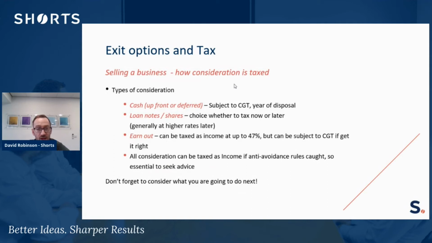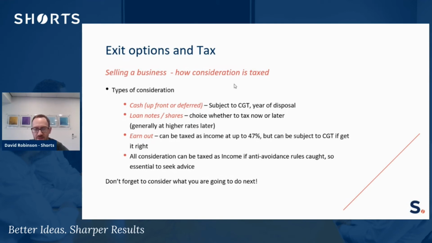Moving on to how consideration is taxed. This is thinking about you as a personal shareholder selling your business. I'm not going to go through all of this slide, but I just wanted to highlight that there are different types of consideration that you can receive on the exit of your business. That could be cash up front, could be loan notes, could be an earn-out.